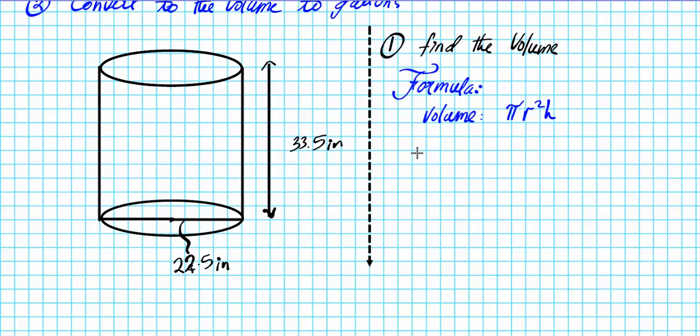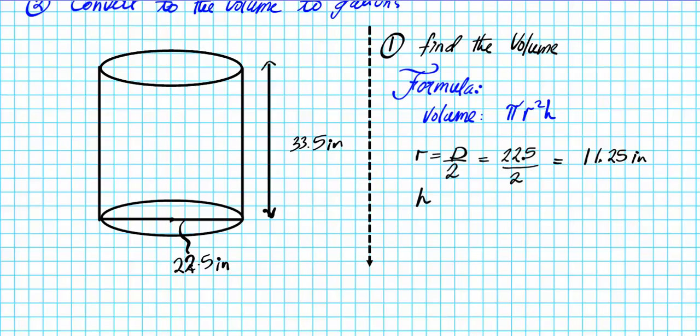In this problem, you have to be careful here: the radius is the diameter divided by 2, okay? You are provided with the diameter, not the radius. So what you have to do is take 22.5 and divide that by 2. 2 goes into 2, 1; 2 goes into 2, 1; 2 goes into 5, 2, so it's 11.25. Okay, so there goes the radius.